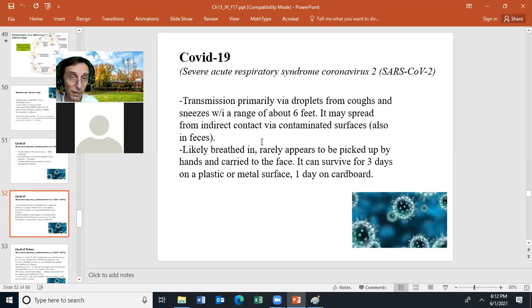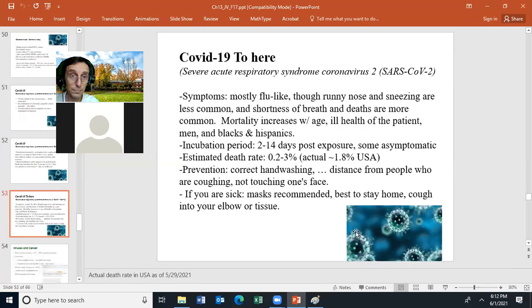That is the majority of the way that people get infected with the flu. But COVID-19 does not seem to primarily spread that way. It can spread that way, but primarily it's breathed in. So that doesn't mean you shouldn't worry about it. You should take precautions when you're touching surfaces that may have COVID-19 on them.